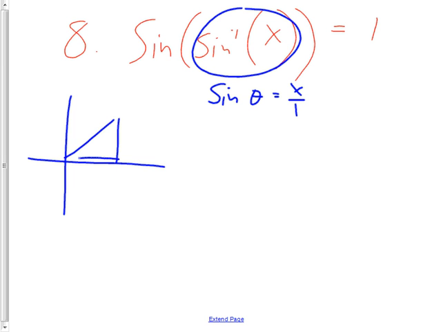Here's my triangle with sides of x for the opposite and 1 for the hypotenuse. In case you wanted to know the third side, it's the square root of 1 squared minus x squared, because it's the whole Pythagorean theorem thing.